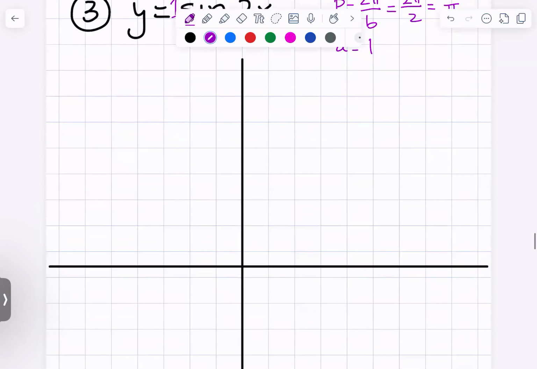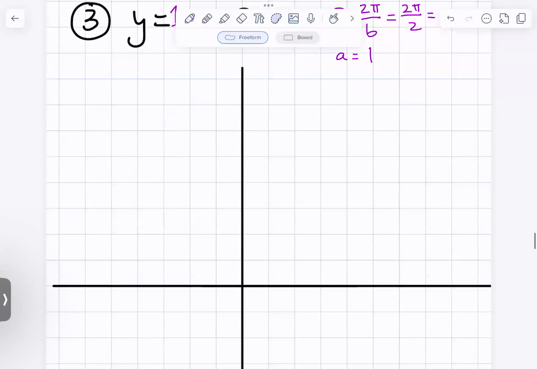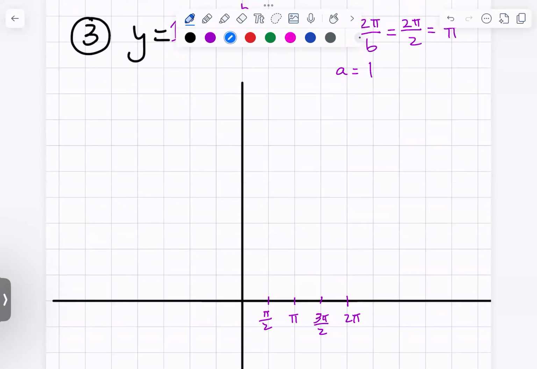So if I go ahead and graph that, I'm going to move this line. Okay. I know halfway is going to be 2 pi, right? In the original, that way it's going to be pi. That way is pi over 2. And this one is 3 pi over 2, right? Graphing my parent function of y equals sine of x.